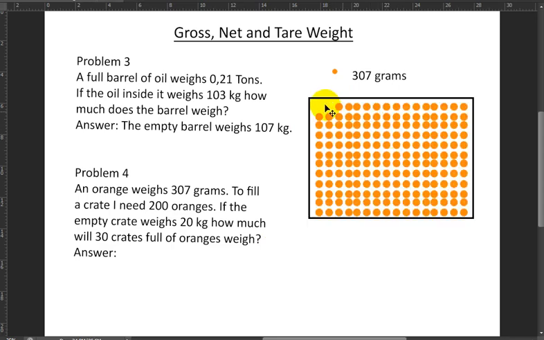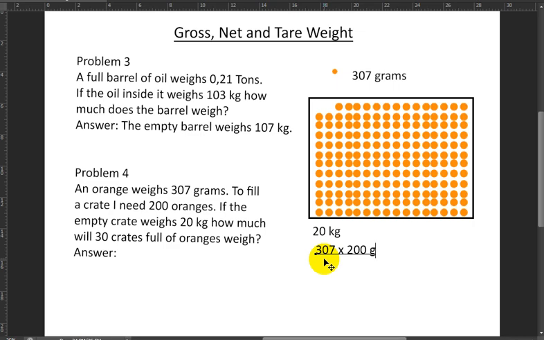One full crate has the empty crate and 200 oranges. Well, the empty crate is 20 kilograms. We know that. And 200 oranges, well, since each one weighs 307 grams, their weight is going to be 307 times 200 grams.